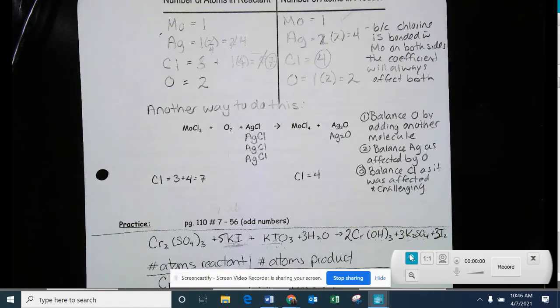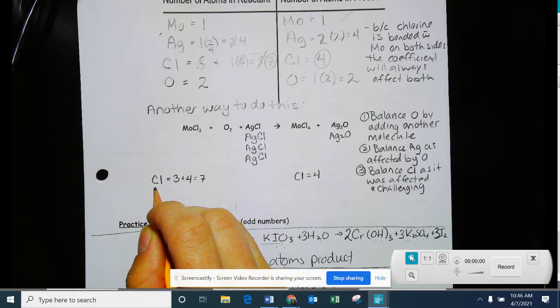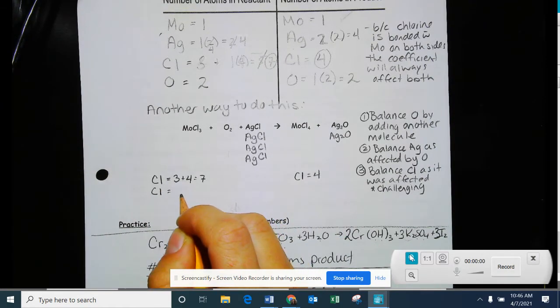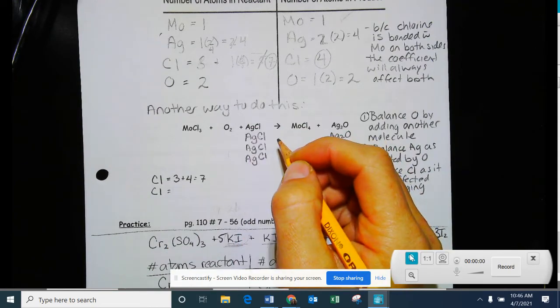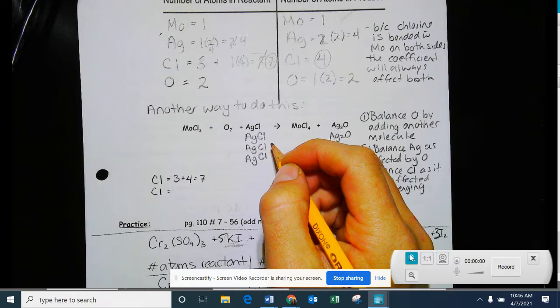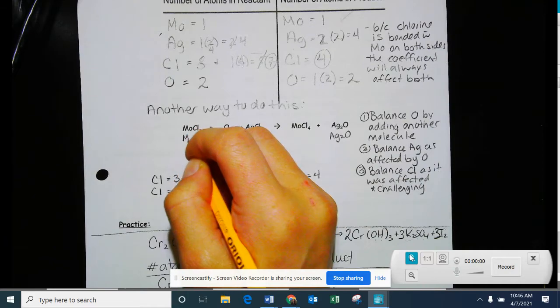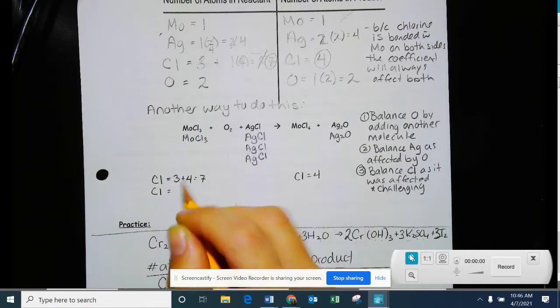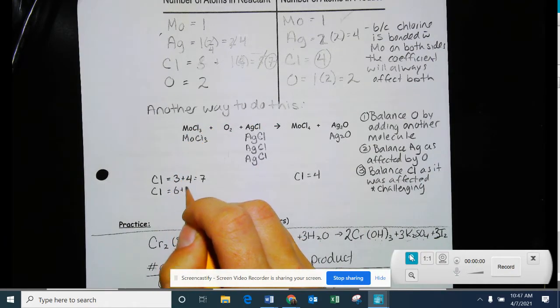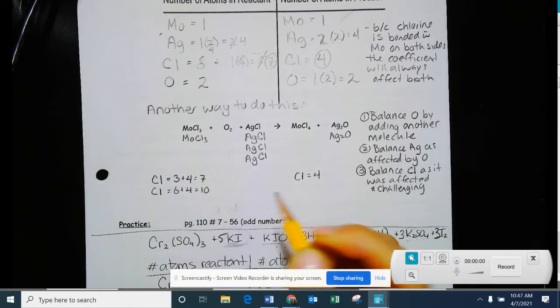So then let's go, Cl equals, we'll put another of these. Oh, wait, 6 plus 4. Yeah, we'll put another one of these, MoCl3. So now we've got 6 plus 4, and we've got 10.